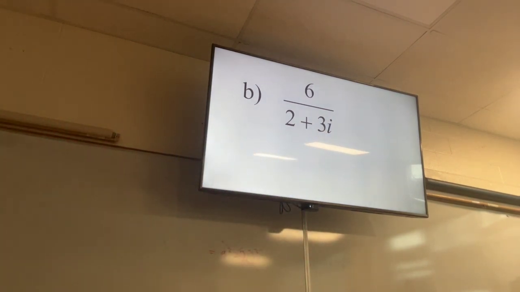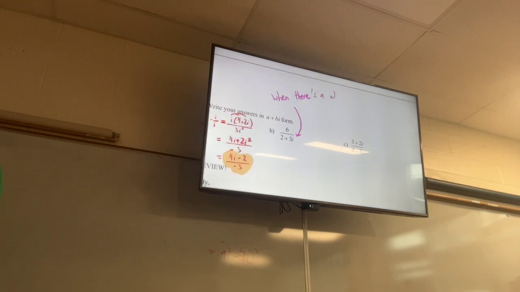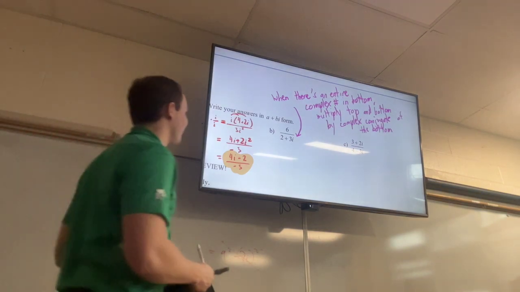So when there's an entire complex number in the bottom, let me make a little note, I'll make it in pink: you multiply the top and bottom by what's called the complex conjugate of the bottom. Complex conjugate, okay?